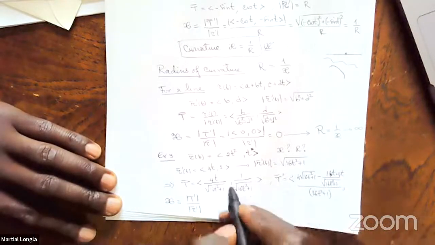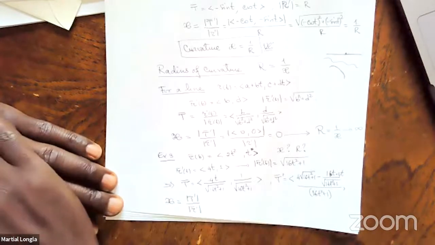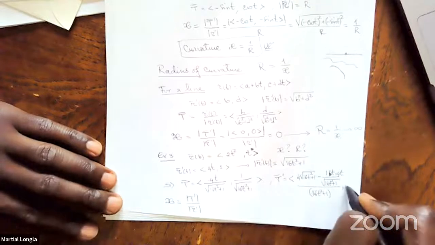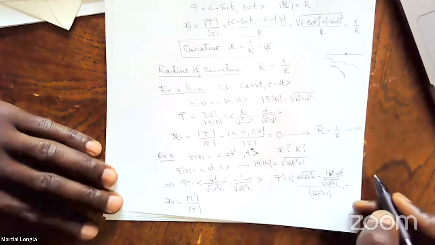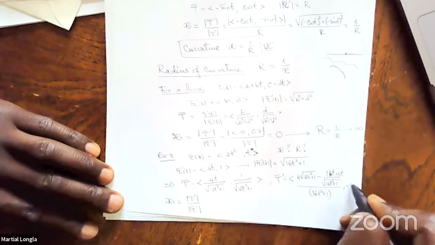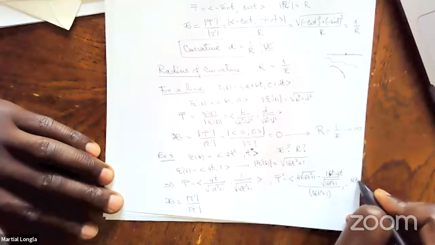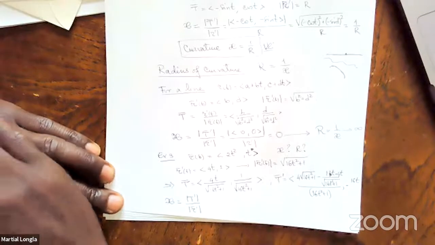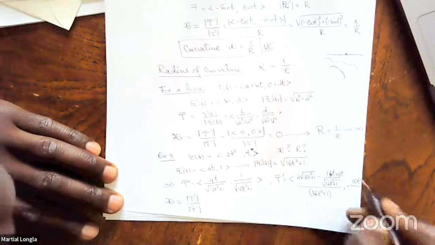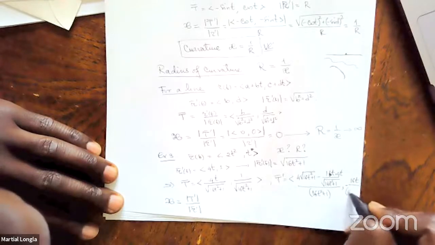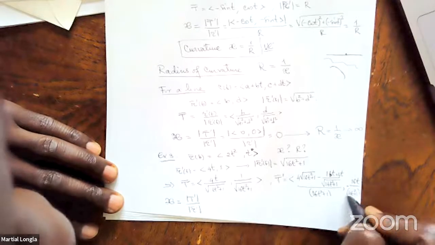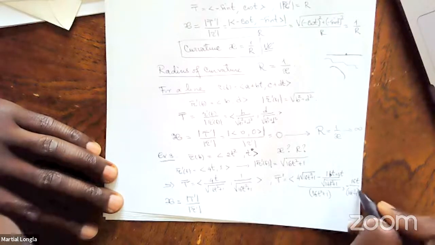And then the derivative of this one will be minus 16t over 16t squared plus 1, and then the power here is going to be 3/2.